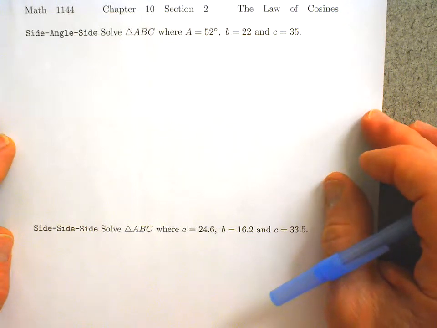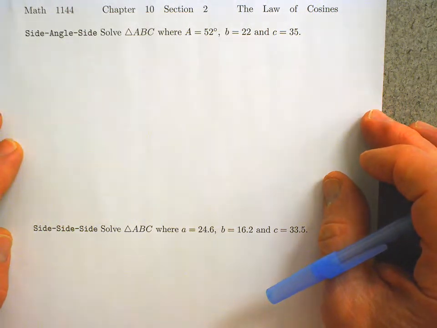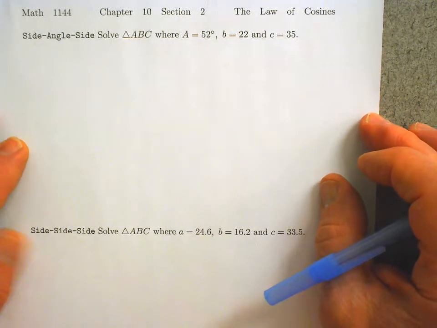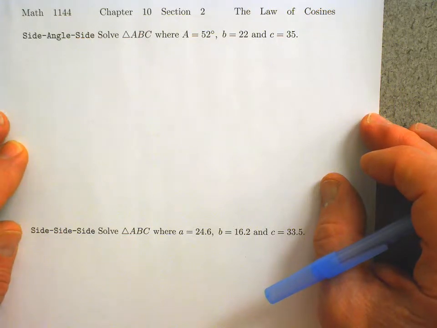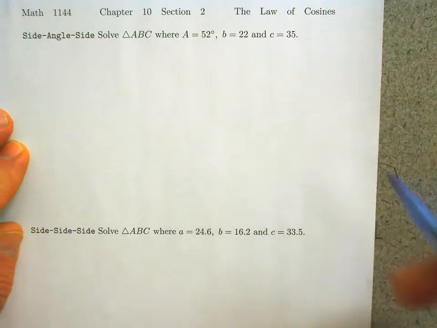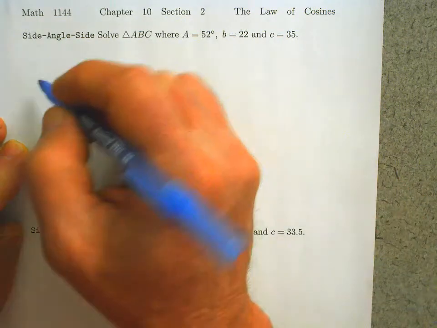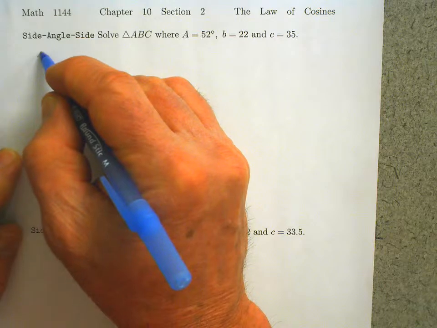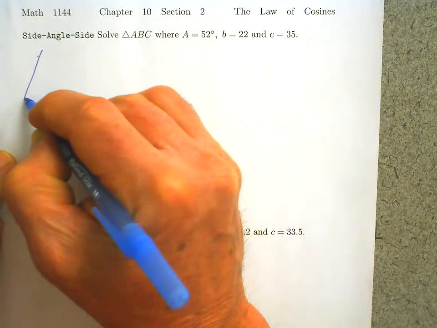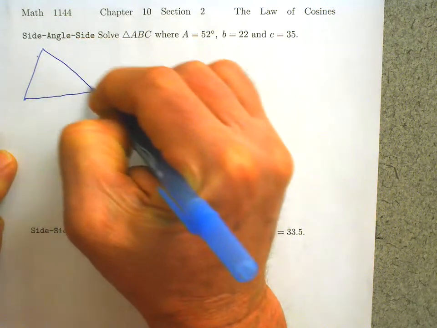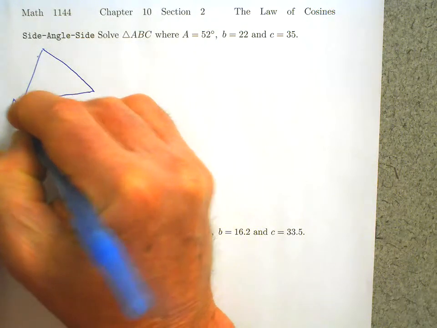Okay, so we have a side angle side. Solve triangle ABC, where angle A is 52 degrees, side b is 22, and side c is 35. So as an aid, I'll draw the triangle, label it ABC.